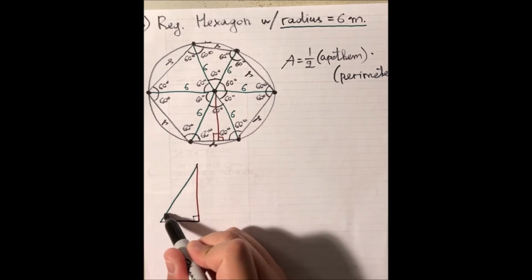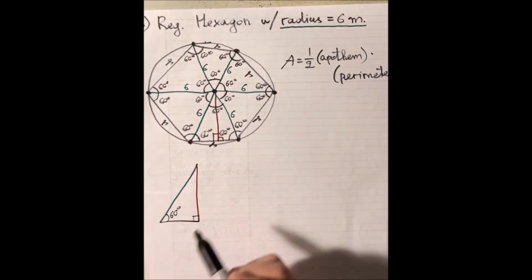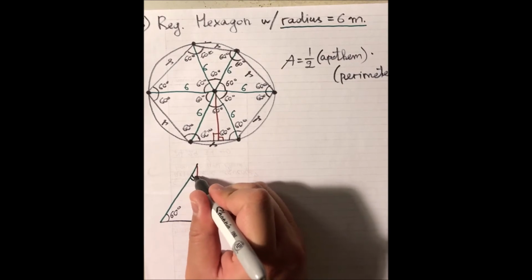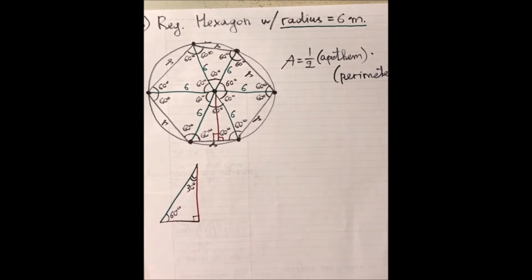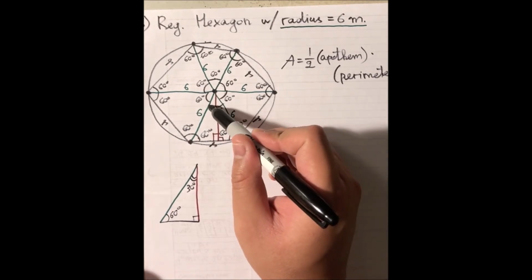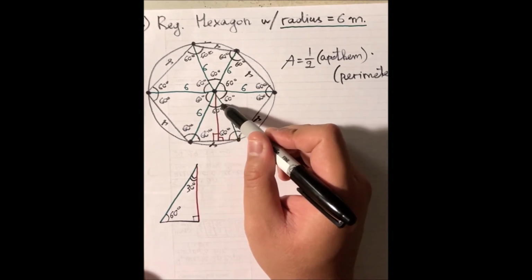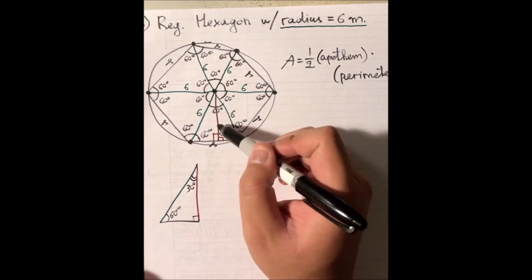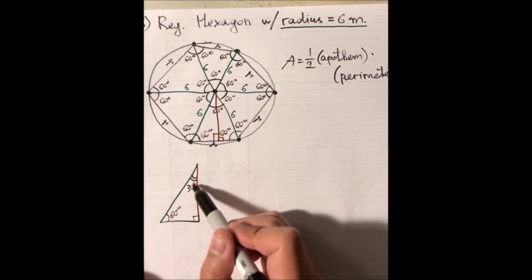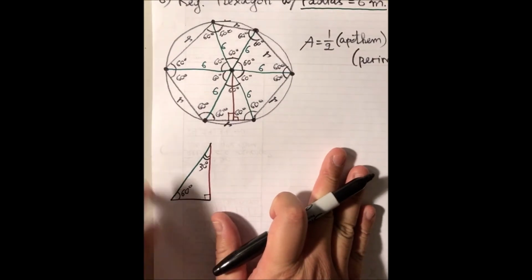This angle here is 60, so it's this one. If this is 90 and this is 60, this has to be 30 by the triangle angle sum theorem. Another reason is because this 60 degree angle got bisected by the apothem. So 60 divided by 2, that's how we got 30 and 30.